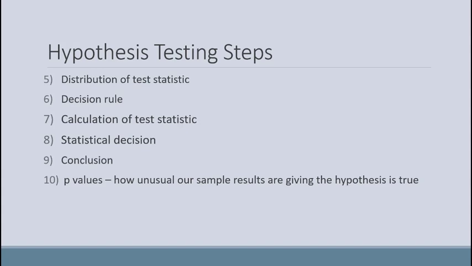Step 6. The decision rule tells us to reject the null hypothesis if the value of the test statistic that we compute from our sample is one of the values in the rejected region, and to not reject the null hypothesis if the computed value of the test statistic is one of the values in the non-rejected region.